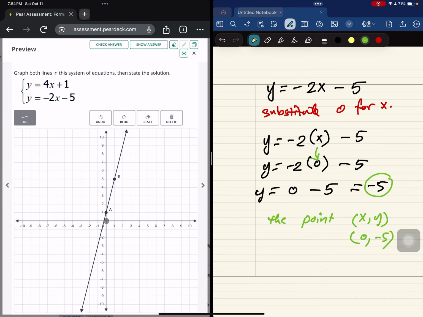So we have 0 as x, and we have -5 as y, so the point will be (0, -5). We can choose another point.